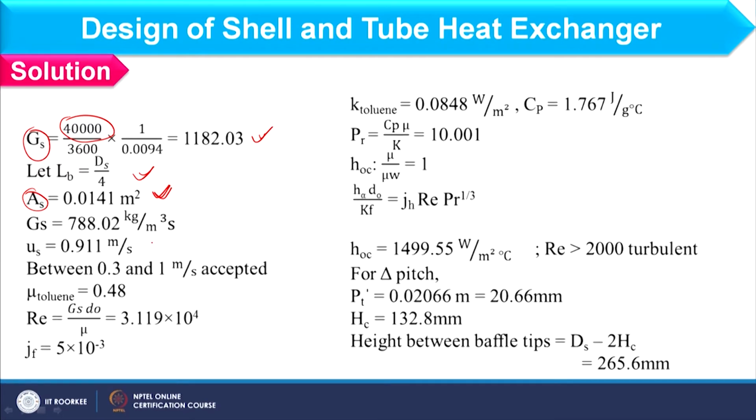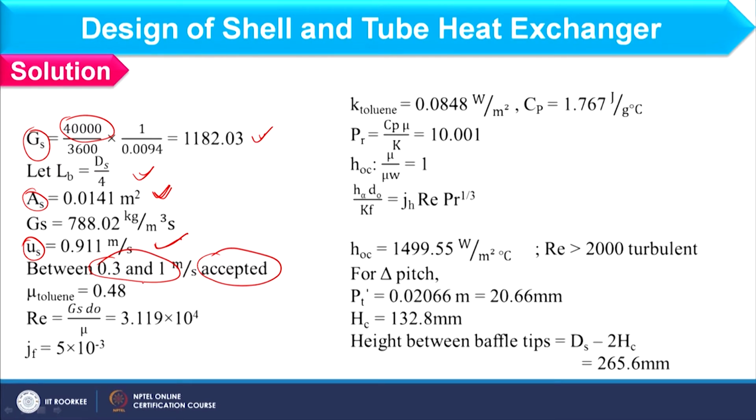Considering these, we can obtain shell side velocity as 0.911, and that should be US. If I compare this velocity, it is falling within the range, because it should be within 0.3 to 1 meter per second. So, whatever US we have obtained, we can accept.